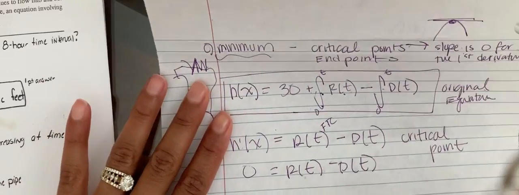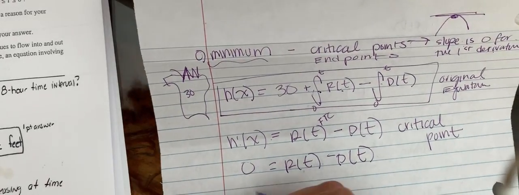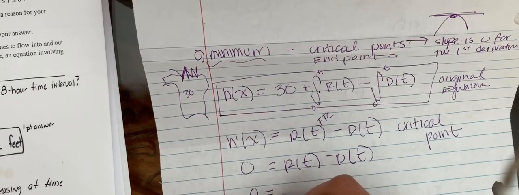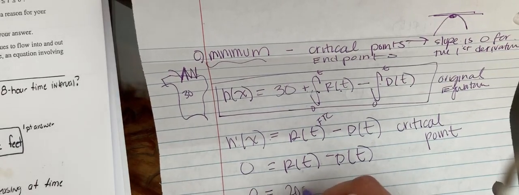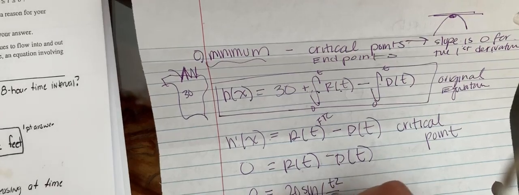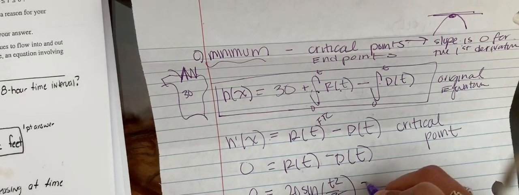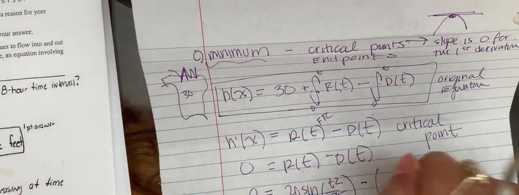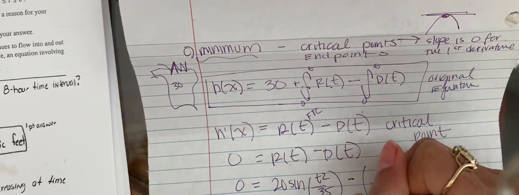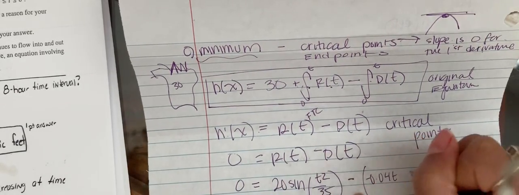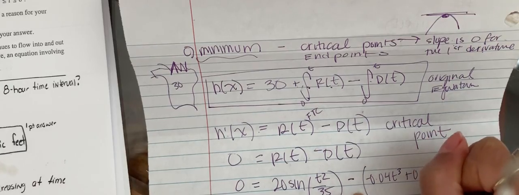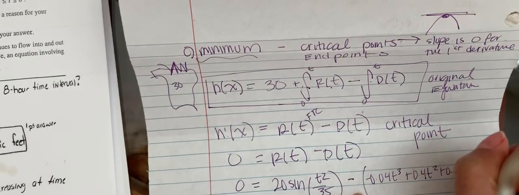Okay, and now what ends up happening right here, if you have your calculator, this is really saying 0 equals 20 sine of t squared over 35 minus, oh gosh, this is a long equation, minus... okay.